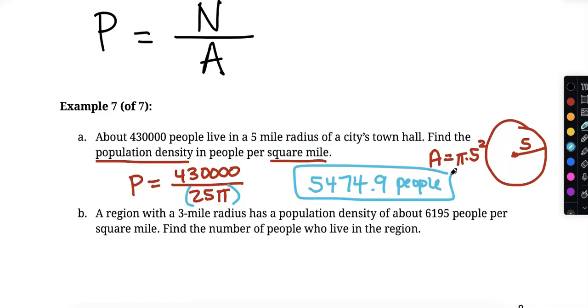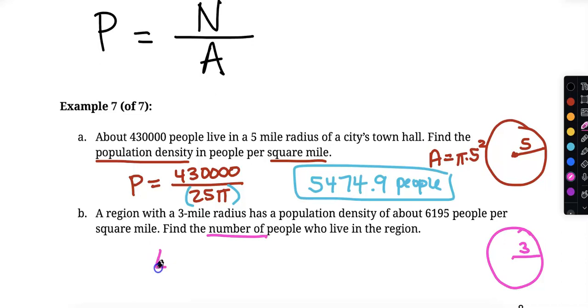Last one, a region with a 3-mile radius. So we've got a region with a 3-mile radius that has a population density of about 6,195 people per square mile. Find the number of people who live in that region.